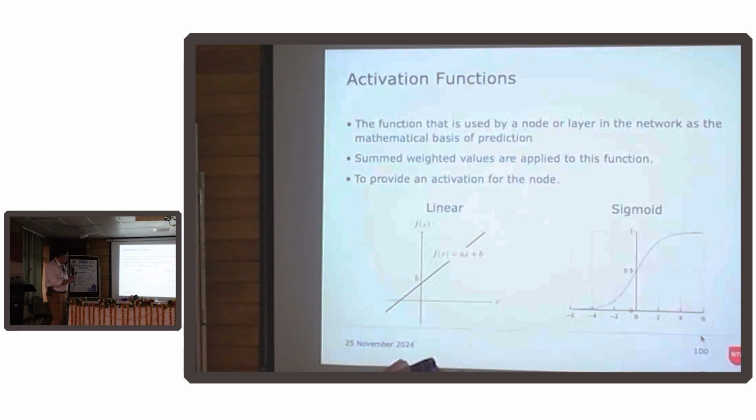We also have one hyperparameter, which is the activation function. So this is the bit that goes in the middle of the neural network, the functionality that it's based on. So some weighted values, input times weight, is applied to this one. And that gives an activation energy for the node, an output for the hidden node.